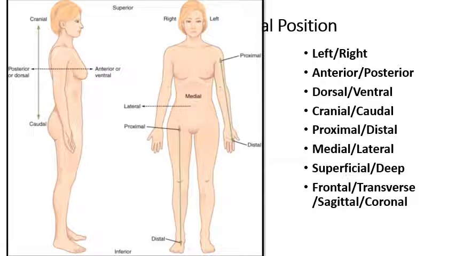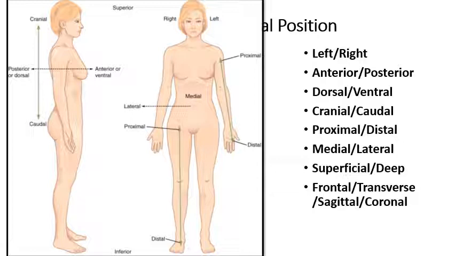Standard anatomical position. On the left of this figure, there's a woman facing us. When we're describing the location of any body part, we assume that the person we're talking about is standing in standard anatomical position, which is the position you see the woman in on the right.